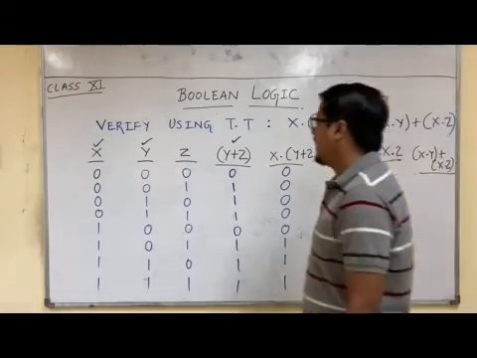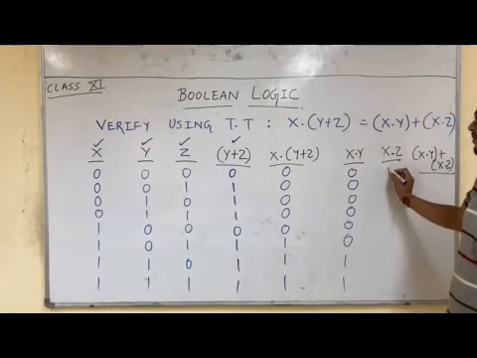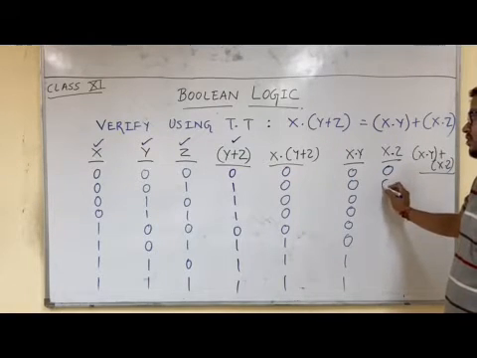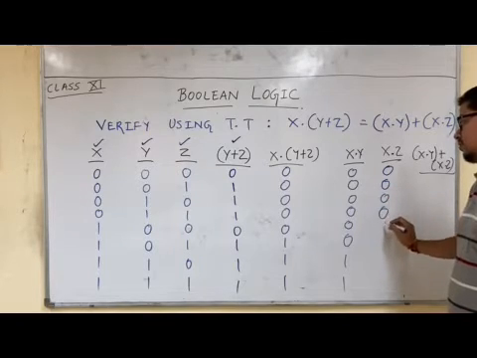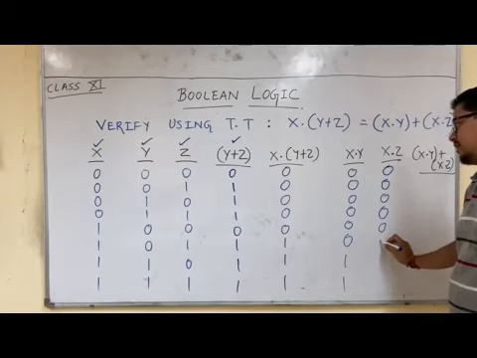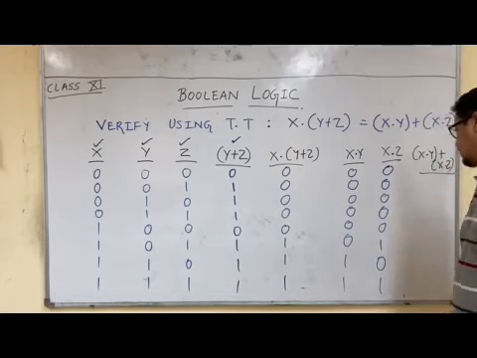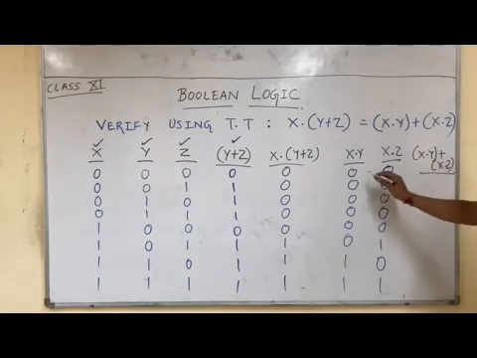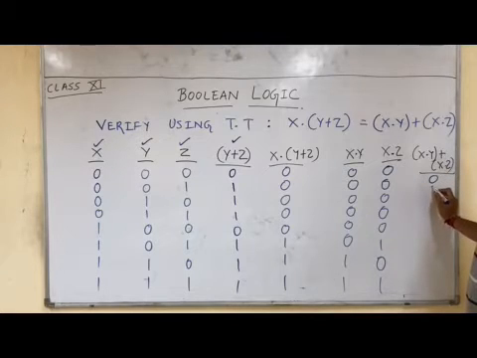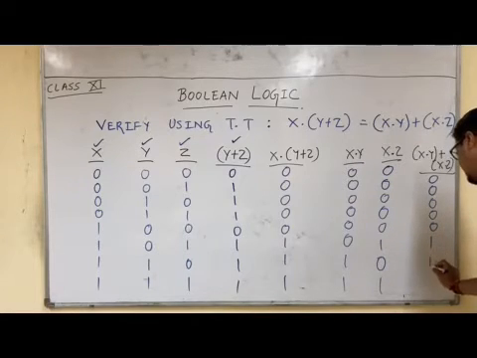Okay, now x dot z, we need to keep some concentration. 0 0 0 0 1 0 0 0 0 0 1 0 1 0 0 1 1 1 1 0 0 1 1 is 1. So finally we will add both of them. 0 and 0 0 0 and 0 0 0 0 0 0 1 1 1 0 1 1 1 is 1.